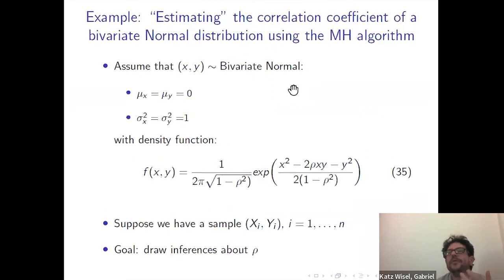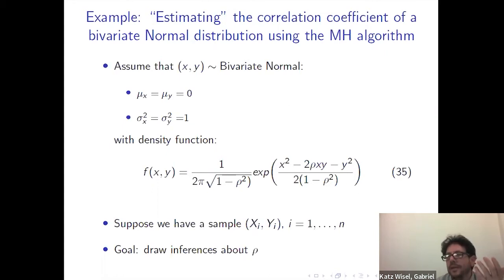Let me give you an example of when one would use the Metropolis Hastings algorithm rather than Gibbs sampling. Suppose, as in this exercise, we're trying to draw inferences about the correlation coefficient of a bivariate normal distribution. Right? We have a standard bivariate normal, and we want to draw inferences about rho, the correlation coefficient.